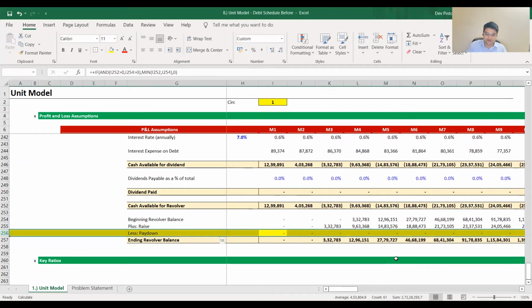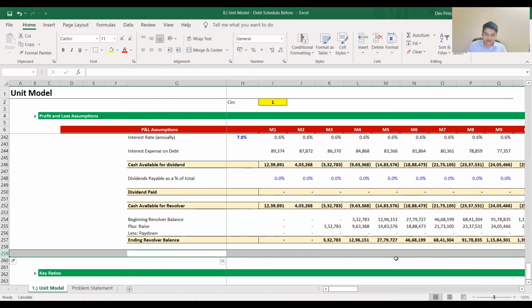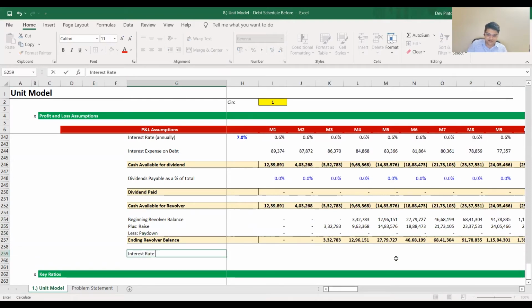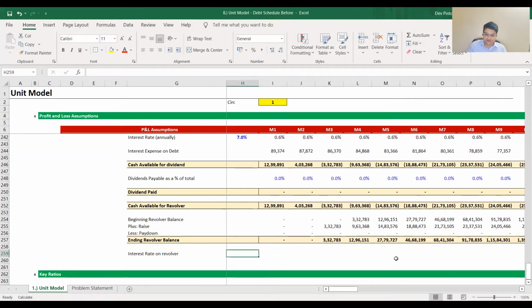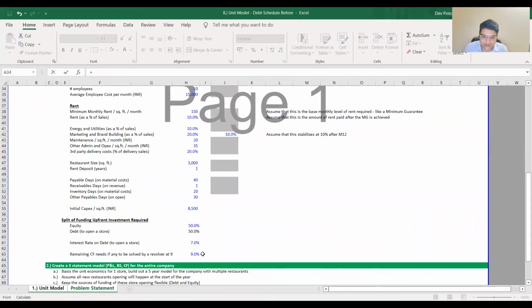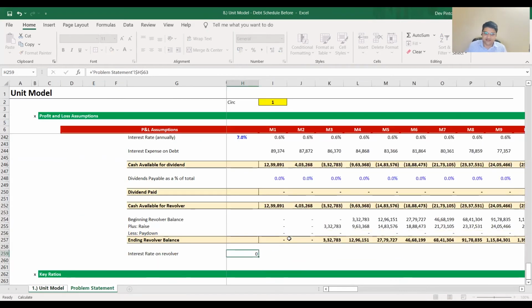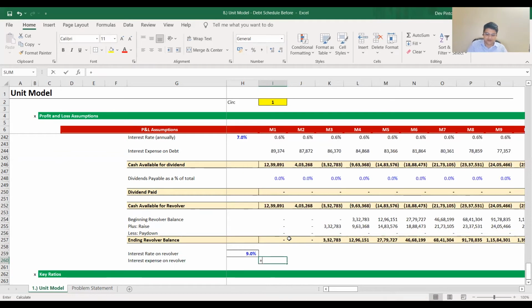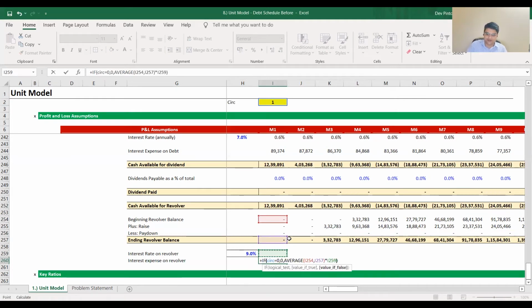Okay. Pay down. This rate on revolver, 9% annualized, right? Interest expense on revolver will be 0, else average of this comma this into this, right?